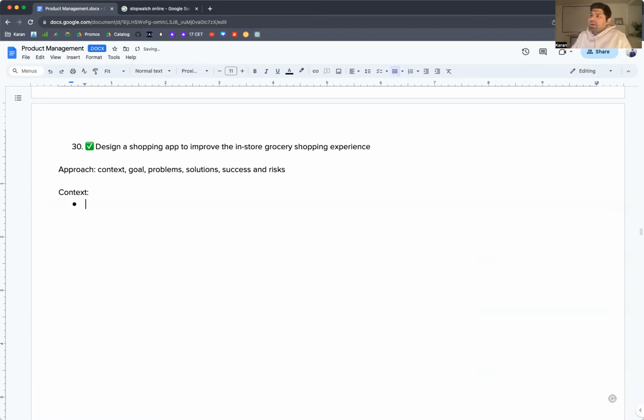What do we mean by a shopping app to improve the in-store grocery shopping experience? So first of all, let's define what is in-store grocery shopping experience. In my opinion, this is more on the lines of, let's say I'm going to a departmental store such as a Big Bazaar or a Walmart or something similar.